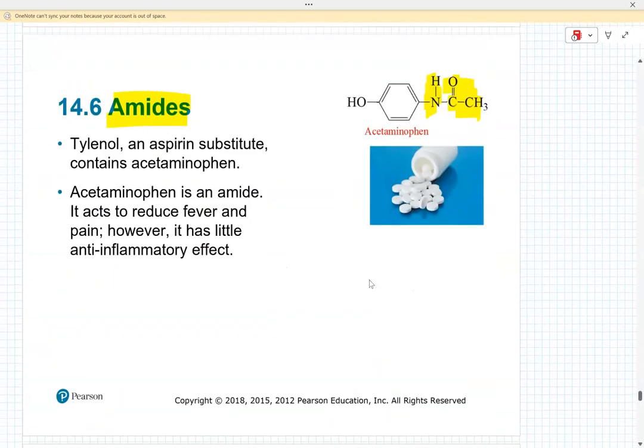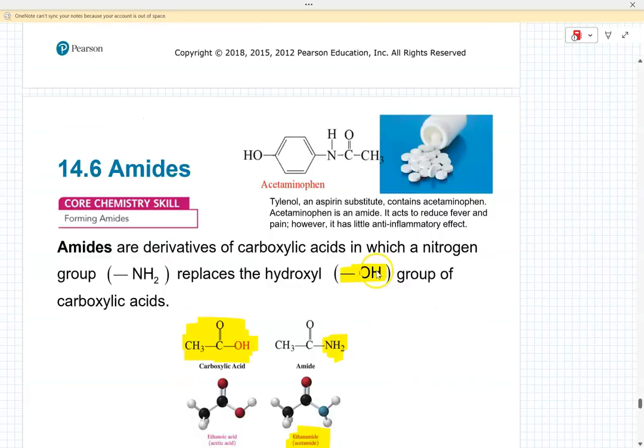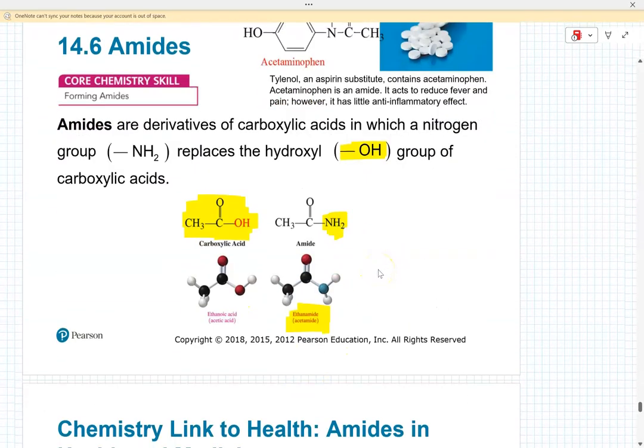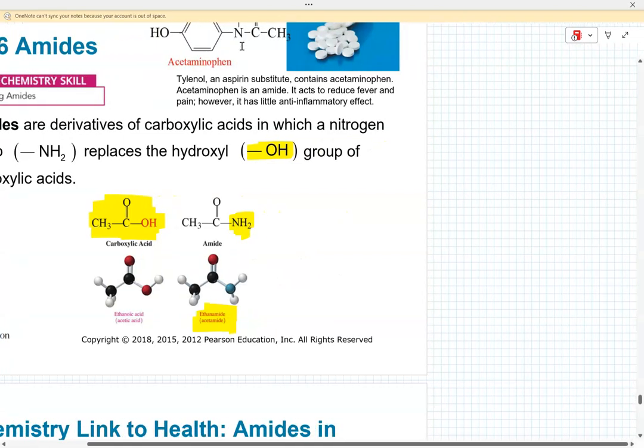Now, does it have to be NH2? As you can see from an example with acetaminophen, no, it doesn't. So for instance, let me give you an example of a slightly different amide. So let's say we have acetic acid, right?